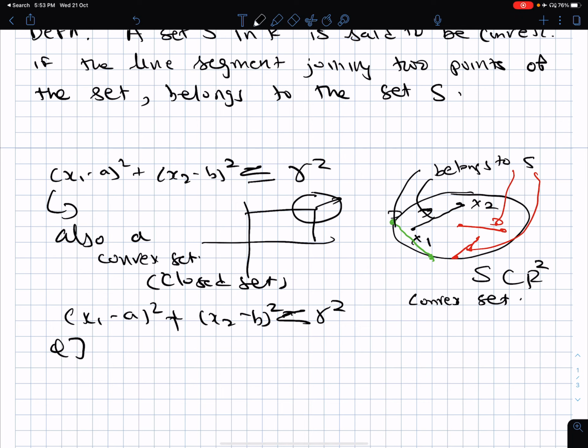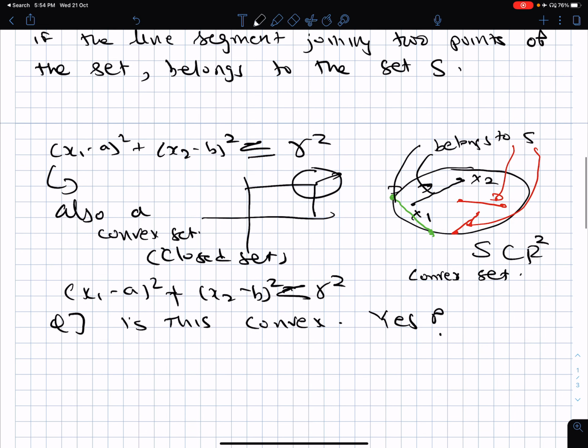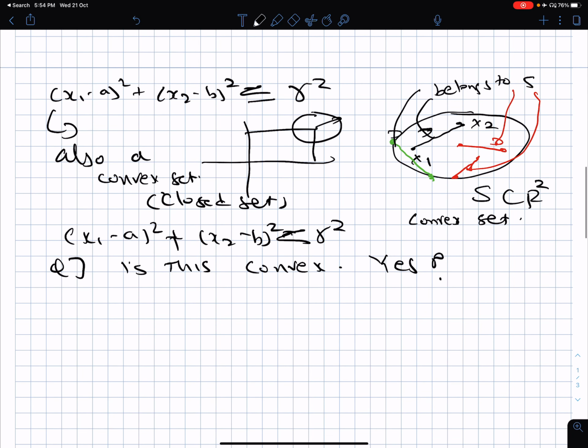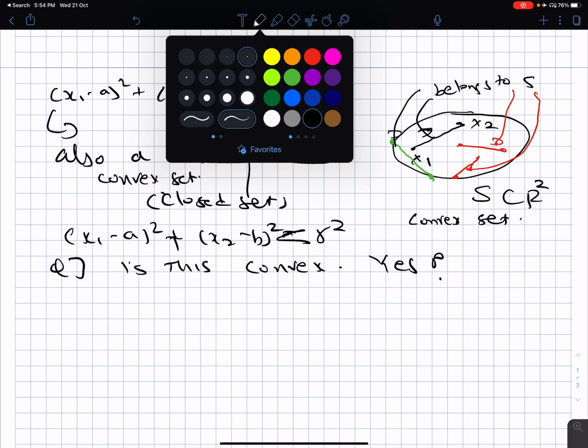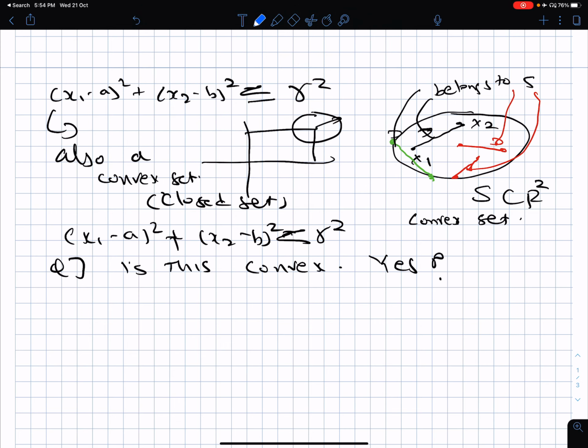My question now is, is this convex? Yes, it is still convex. If I take 2 points inside of this set, both are interior points, and I join them, the line segment is still in the interior of this circle, is it not?